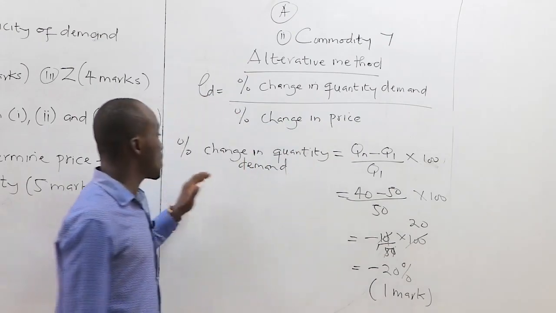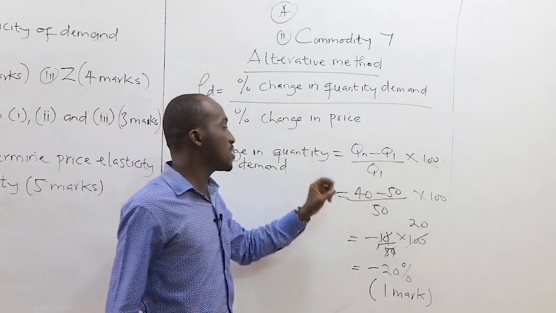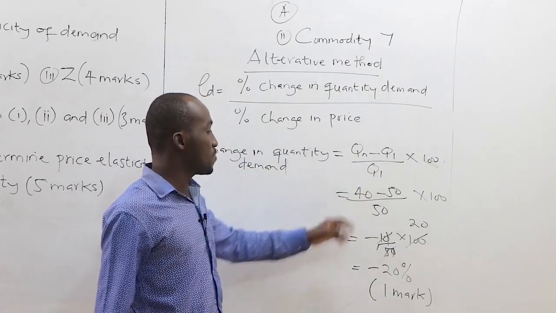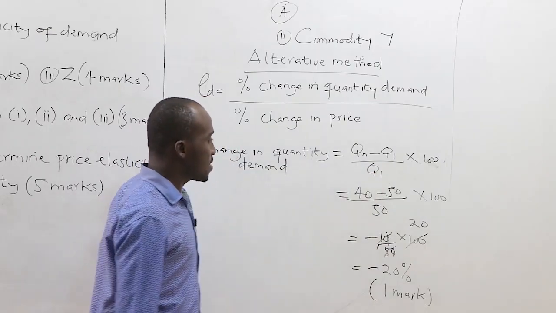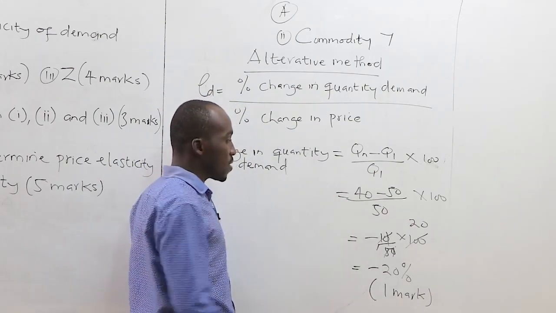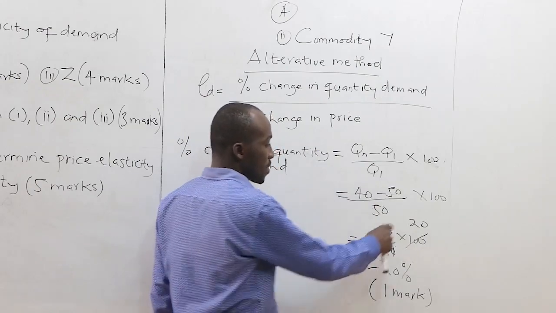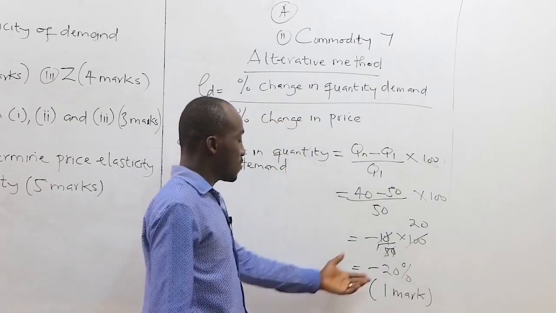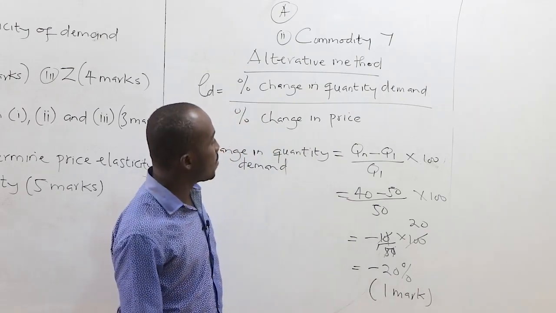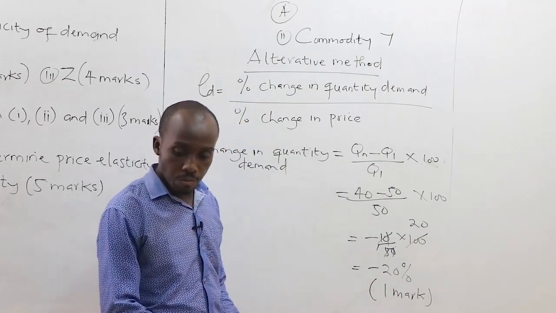And to get the percentage change in quantity demanded, it's the new quantity minus the initial quantity, divided by the initial quantity, times 100. The new quantity is 40, the initial quantity is 50, divided by 50 times 100. You're going to get negative 20%. That gives you 1 mark. Let's do the same for the change in price.